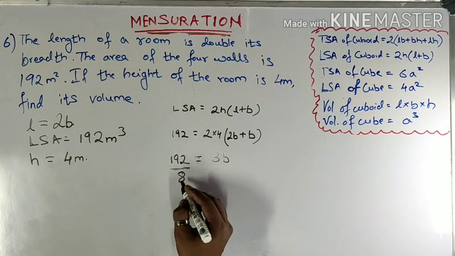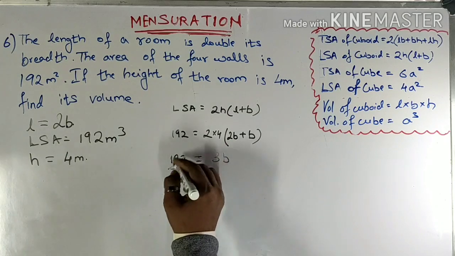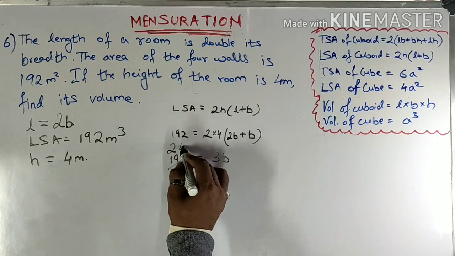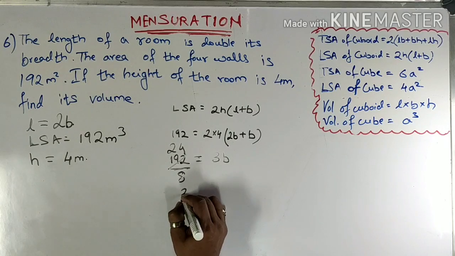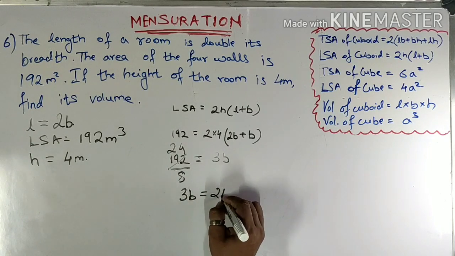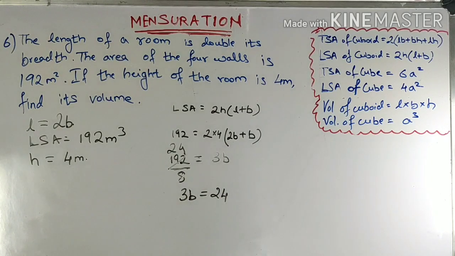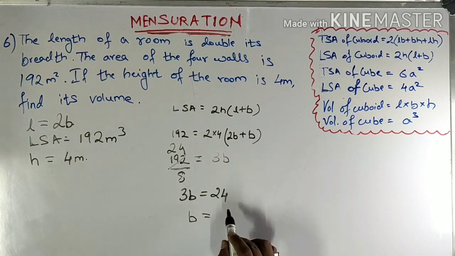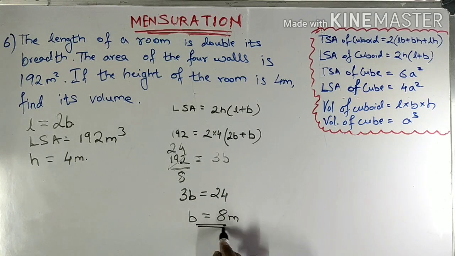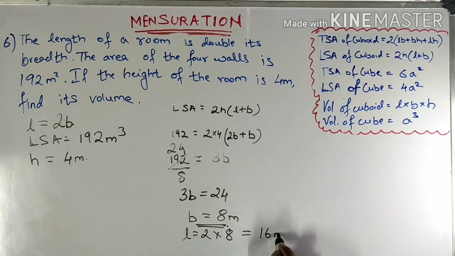Okay, so 8 ones, 8 twos, 8 fours. So 3b is equal to 24. Dividing both the sides by 3, we get b is equal to 24 divided by 3, that is 8 meters. And since we know length is equal to twice the breadth, length will be 16 meters. So we have all these values.